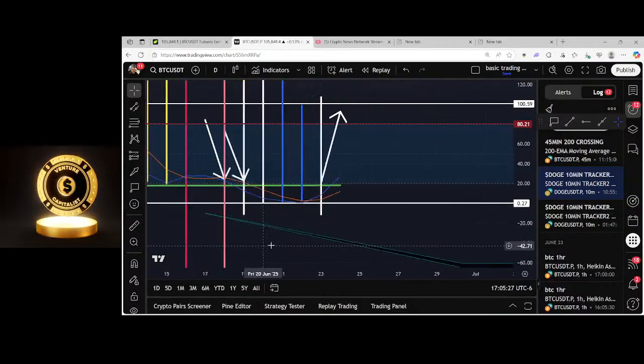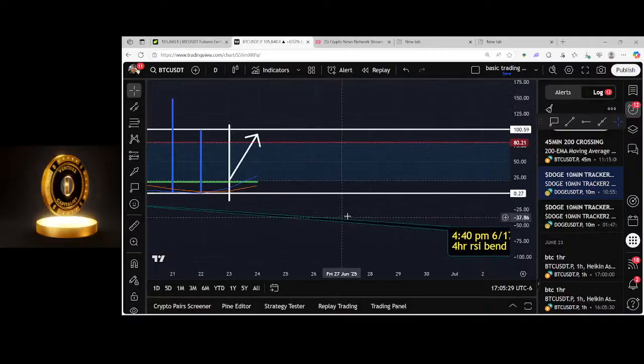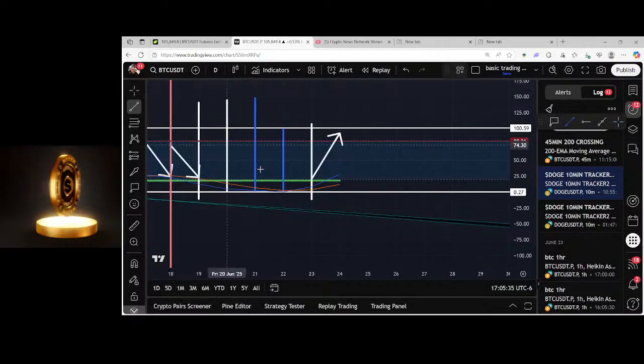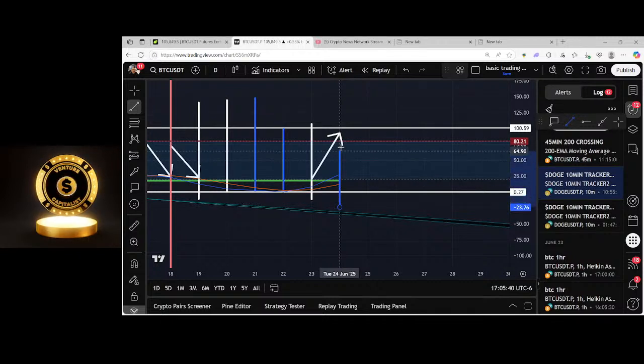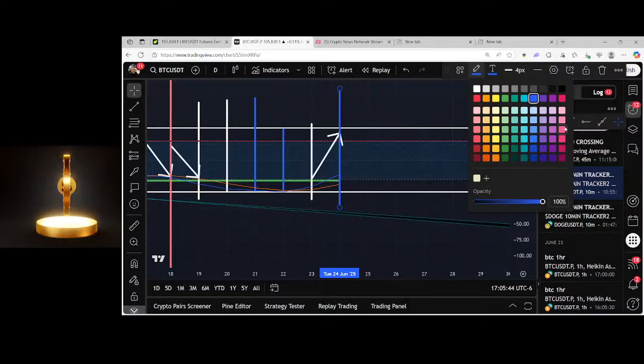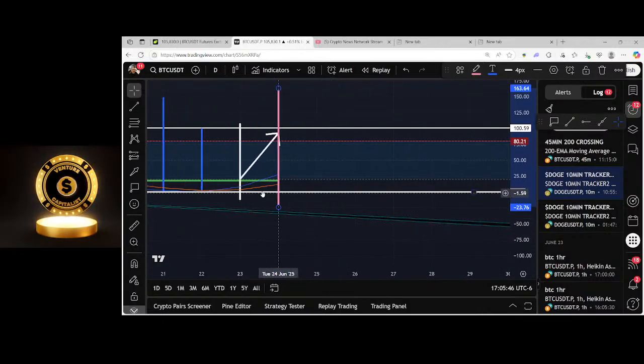So we look at the daily. You see right here, you have currently entered a zone where the daily RSI, which I'll make pink, has just crossed the 20 line.